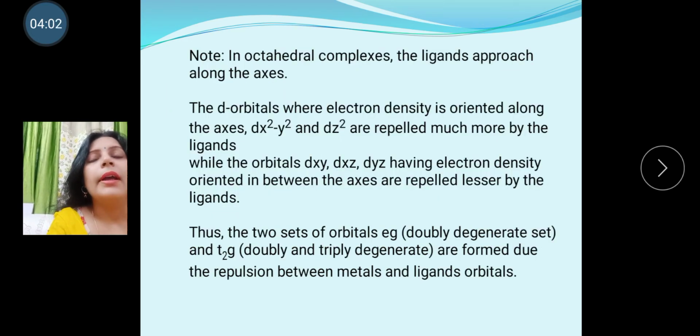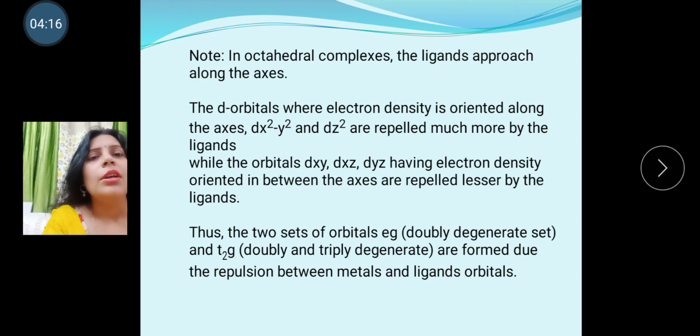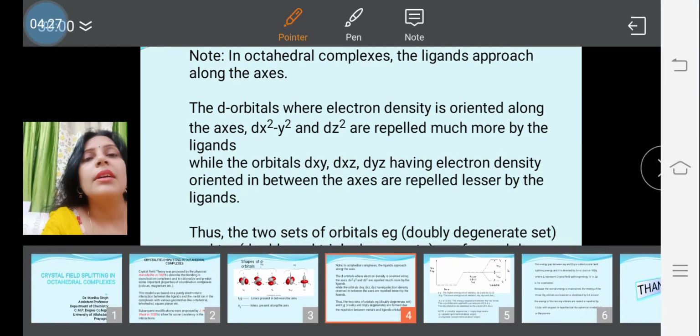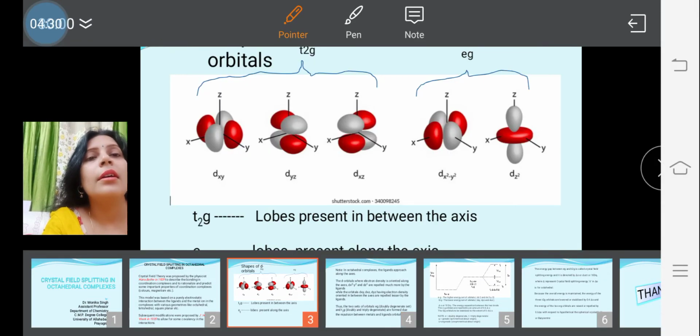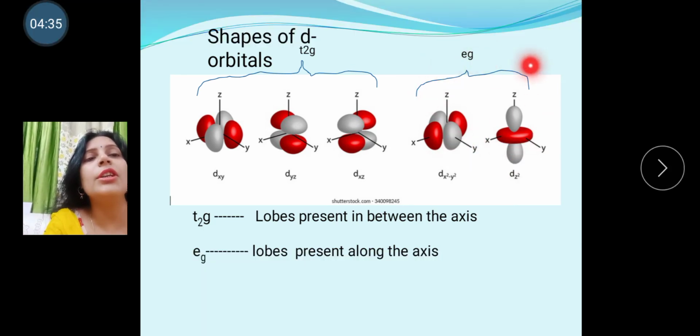So now when we are going to study the octahedral complexes, we know that the ligands approach along the axes. The d orbitals where electron density is oriented along the axes, as clearly seen in the previous slide, are dx square minus y square and dz square. So these eg lobes are placed along the axes where the ligands are approaching.